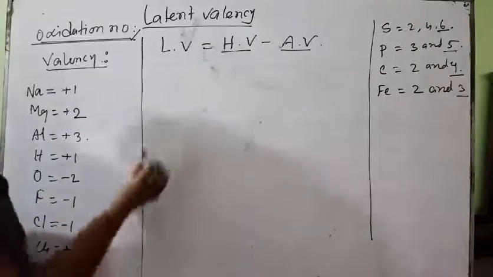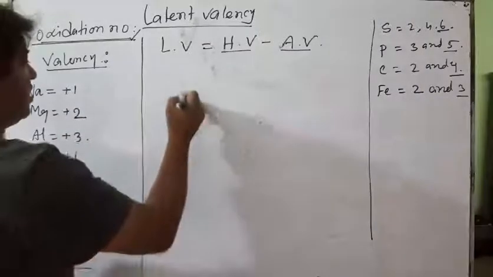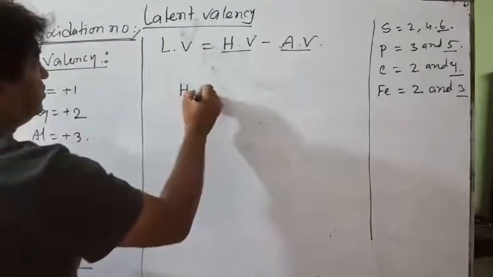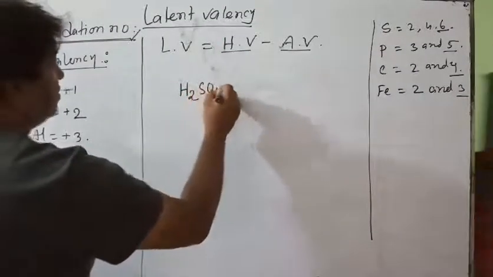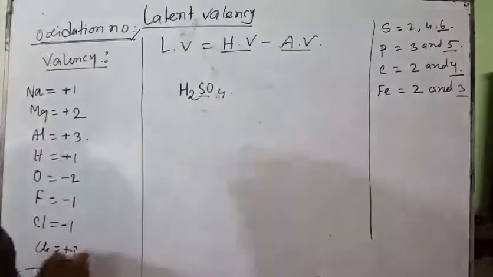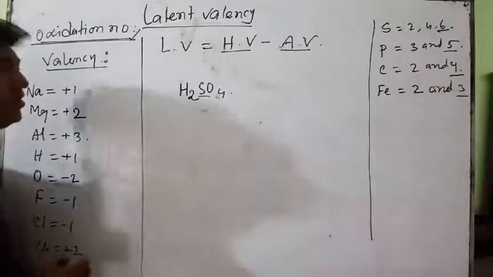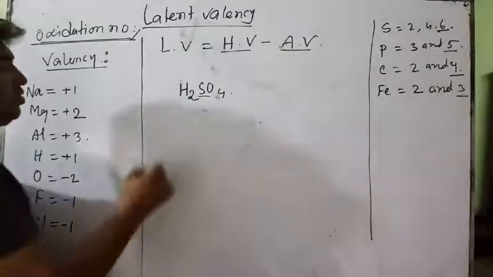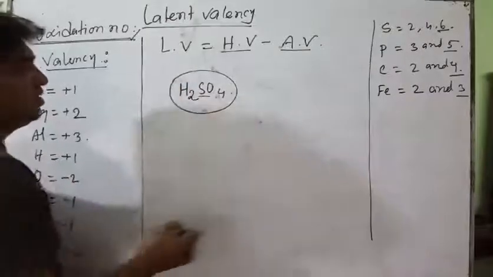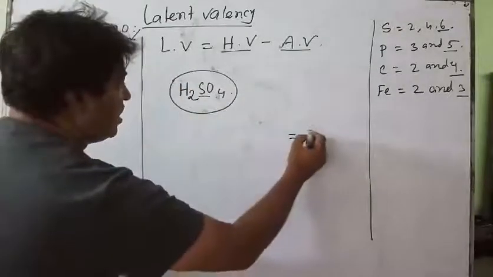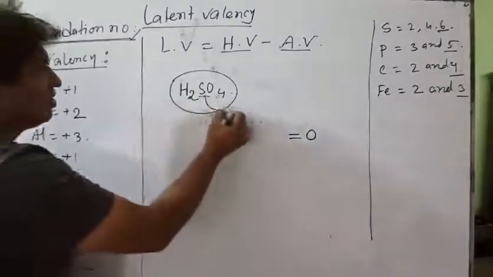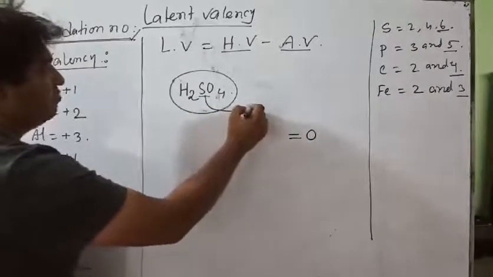So to find the oxidation number of an element in a compound like H2SO4, how do we calculate the oxidation number of sulfur in sulfuric acid? The total oxidation number of a compound is 0. Let the oxidation number of sulfur be x.